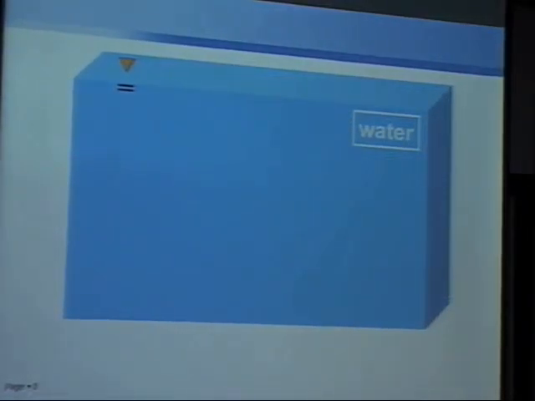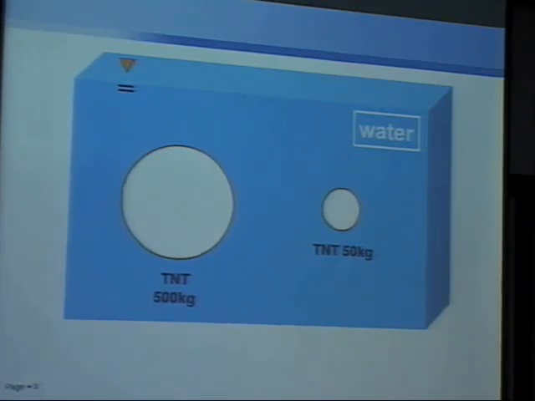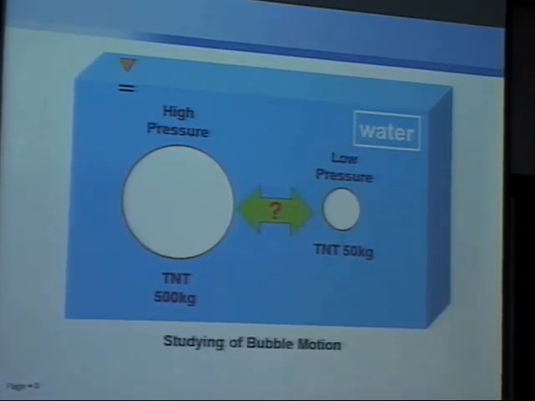There is a rectangle, and I put on one side a big tank, and on the other side a small tank. As you know, the big tank makes a big bubble with high pressure, and the small one has low pressure. So we are wondering how these bubbles move with each other. Our community is studying these bubble motions.